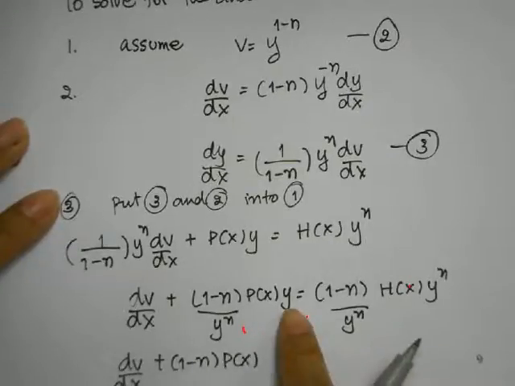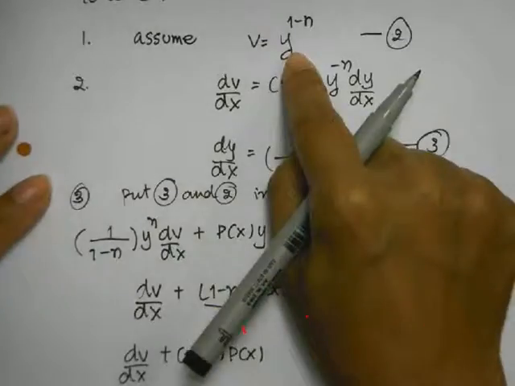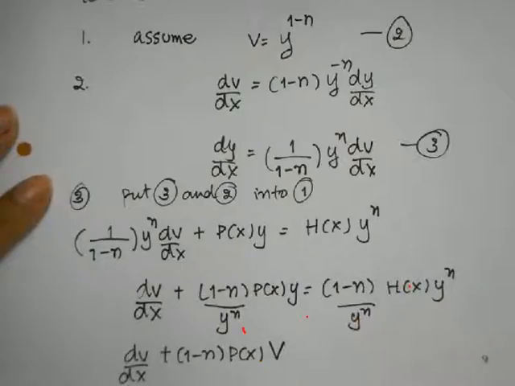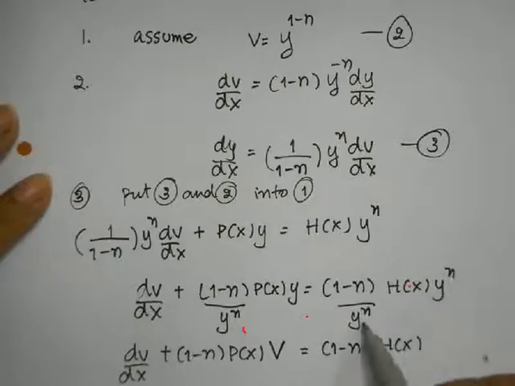You see, y divided by y to the power n is equal to y to the power 1 minus n, right? Y to the power 1 minus n is equal to v, which is whatever we assumed, right? So this one is equal to v. On the right hand side, you have y to the power n on the top and y to the power n at the bottom. They all cancel out.